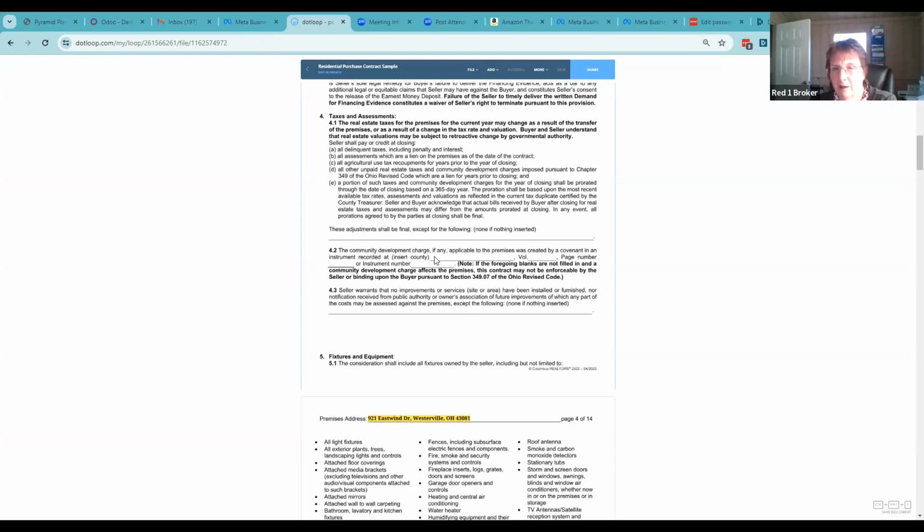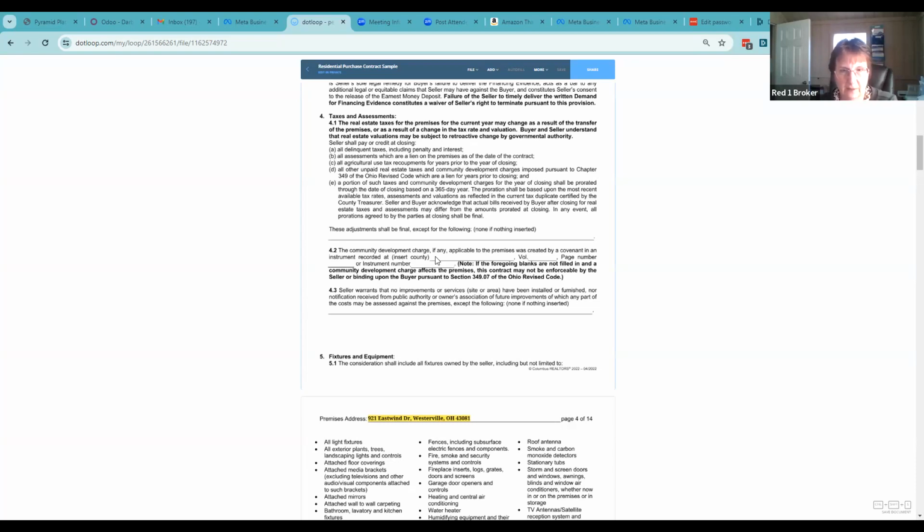They could be things like paying for a sidewalk. They could be things like paying for lights on the street. Whatever this development charge is, it's probably on top of the normal homeowners association fees. So the seller should know about the community development charge, or the title company might find it when they do the title search.